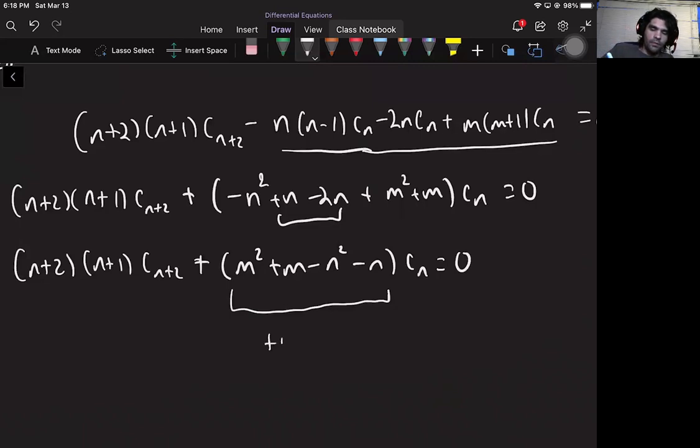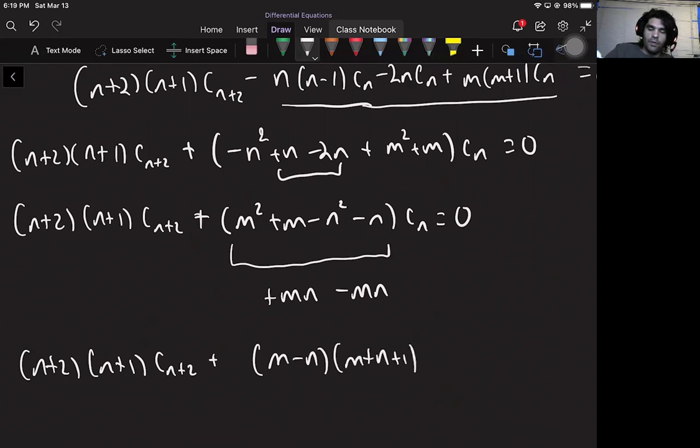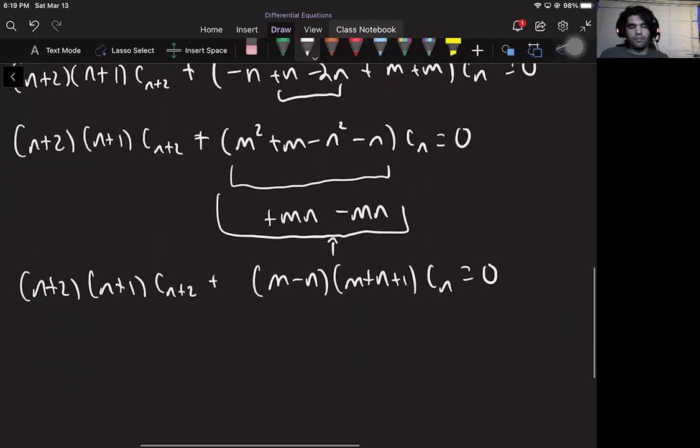I'm going to do plus mn minus mn. And then if I do that, which I can because that's just adding 0, then I will be able to factor this, and you could check this on your own. If you multiply this back out, it will become that stuff. But this is just a much nicer form. So we're going to keep it like that.